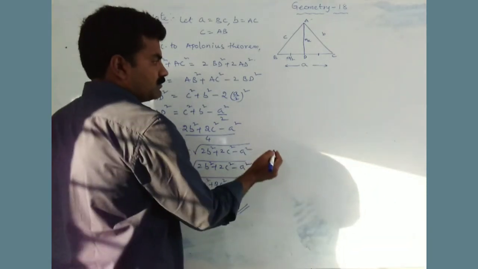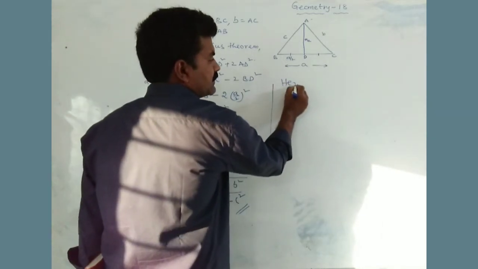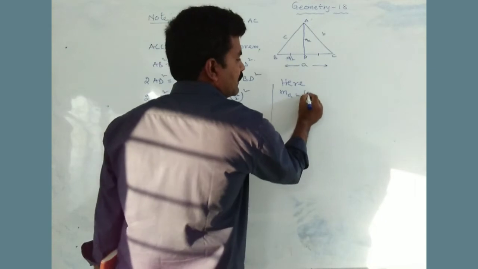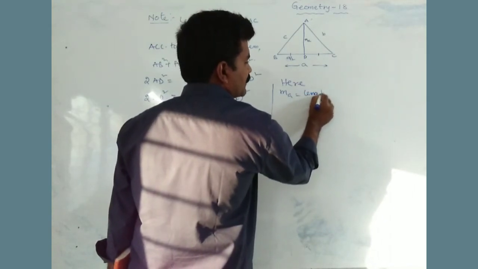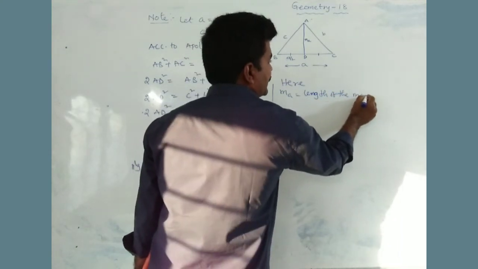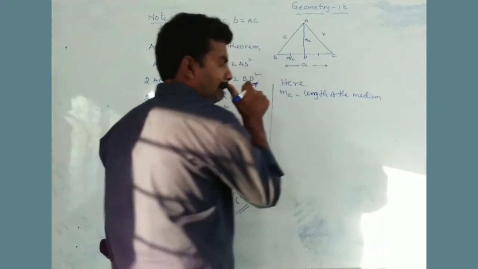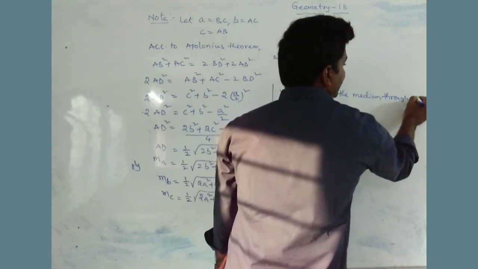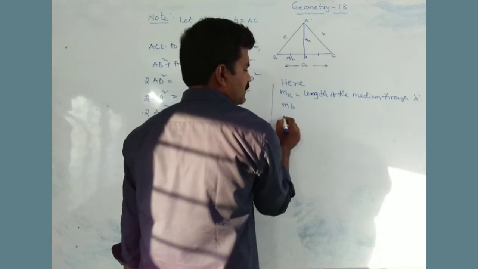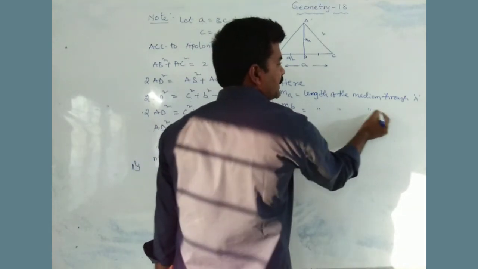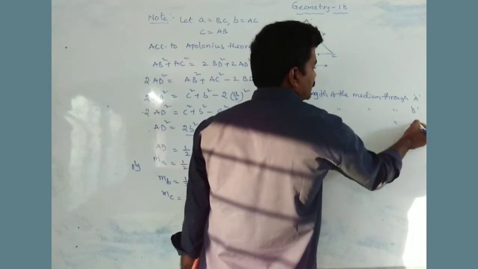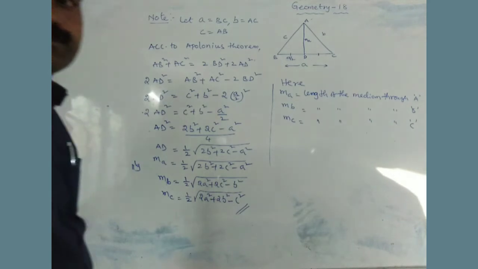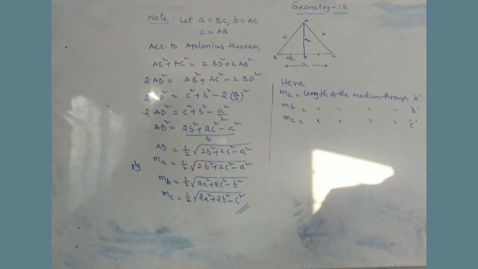So please note that here m suffix, this is nothing but length of the median drawn through vertex A. Similarly, MB and MC denote length of the median drawn through vertex B and through vertex C. And these are very important formulas, children, which help while finding the length of the median of a triangle.